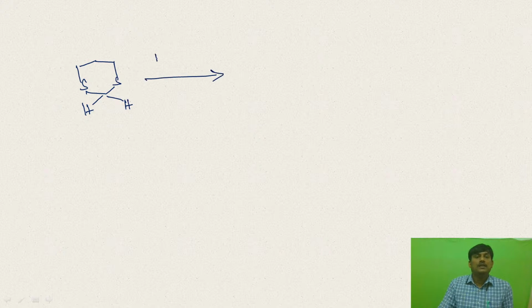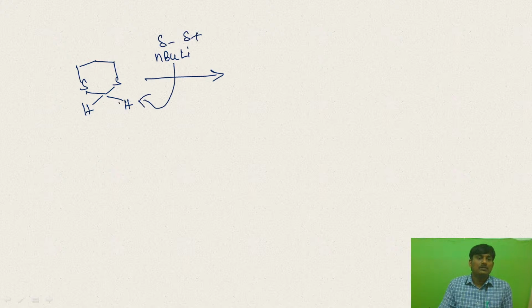Let's take an example. Okay, let's take 1,3-dithiane. So this is the 1,3-dithiane. When you treat with N-butyl lithium, there is an abstraction of proton.